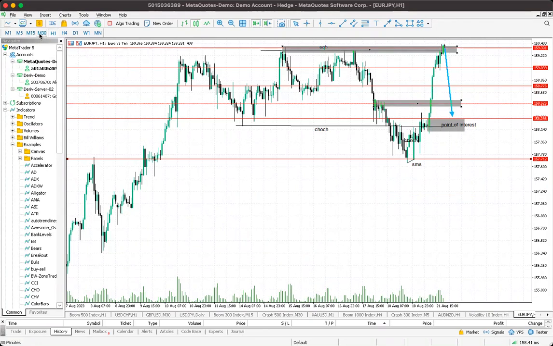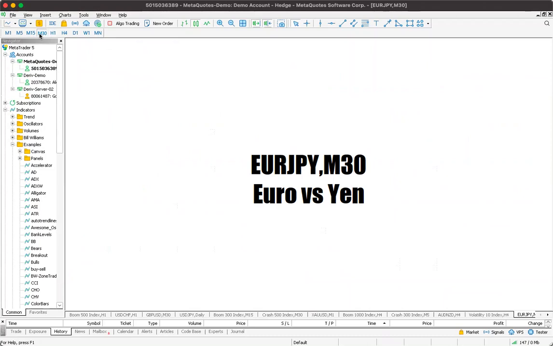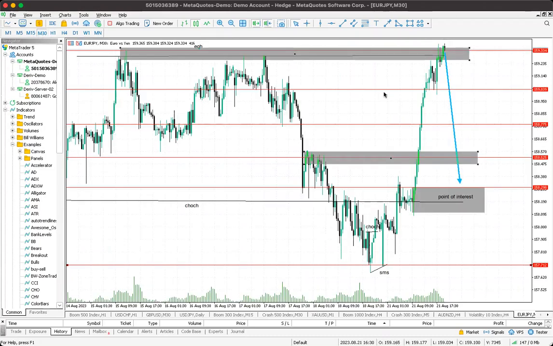Now we are talking about fair value gaps, or imbalance in the market. This is the space between three candlesticks. For instance, let's use this. Can you see the closing position of this and the opening position of this? Those are the fair value gaps. There are three candlesticks, and the same is applicable to this as well.